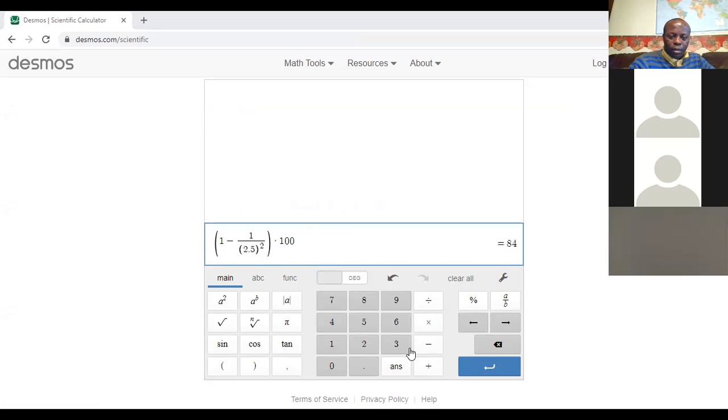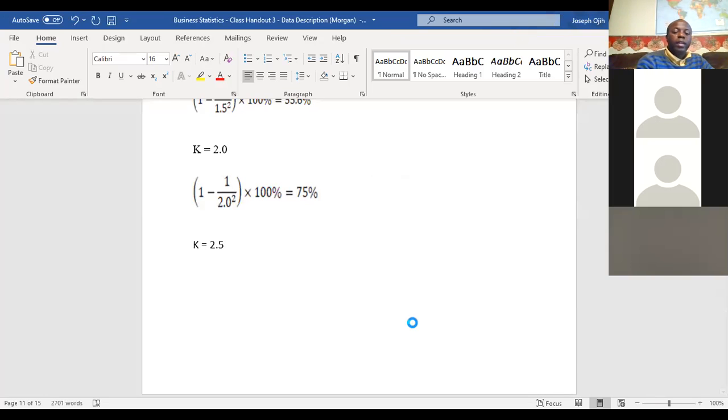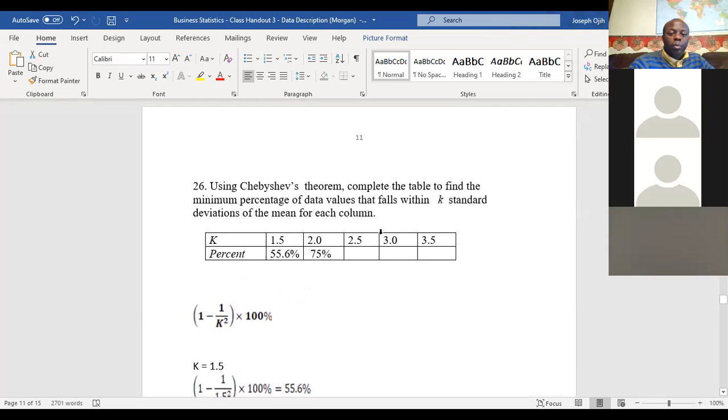Yeah, 84%. So taking it to the other workbook for 2.5, we get 84%. In the main workbook, we got 84% for this one.